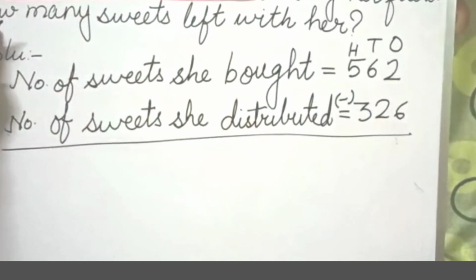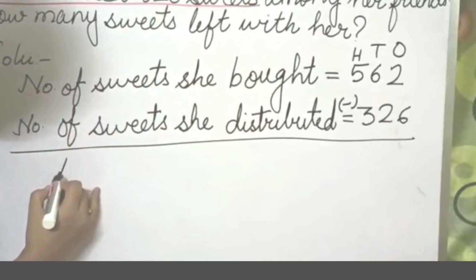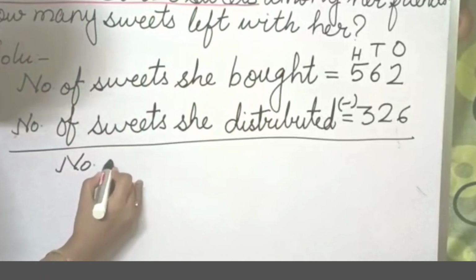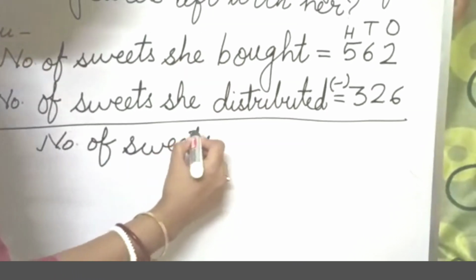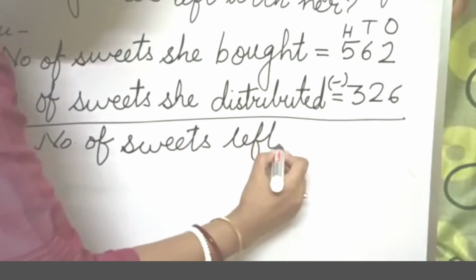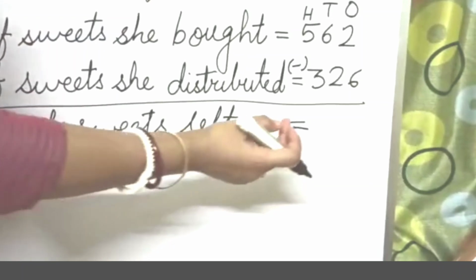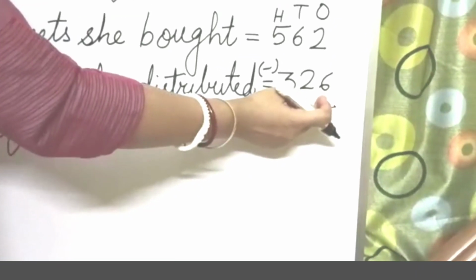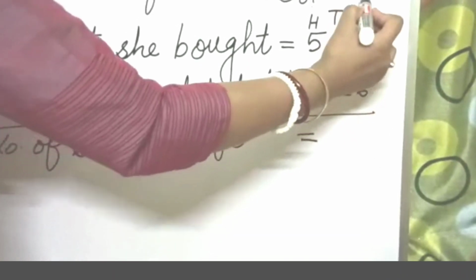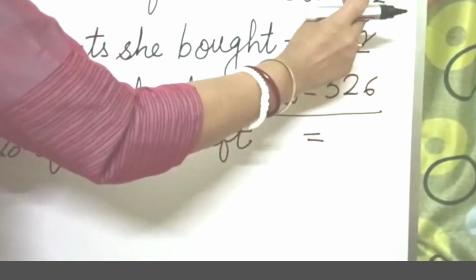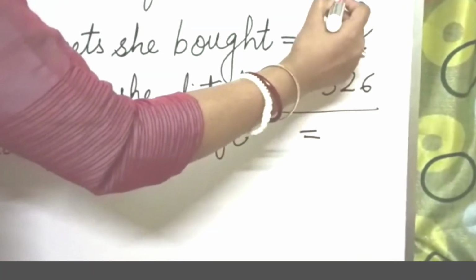What was the question? How many sweets are left with her? So you will write down here number of sweets left equals to. Now do the subtraction. 6 we will subtract from 2, which is not possible, so we will cut 2 and make it 12, and as we have borrowed 1 from the tens place digit, 6 will become 5.